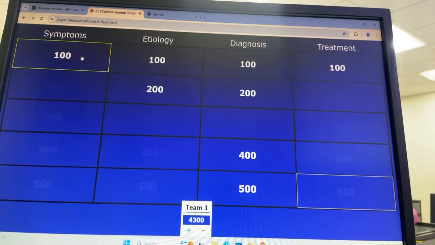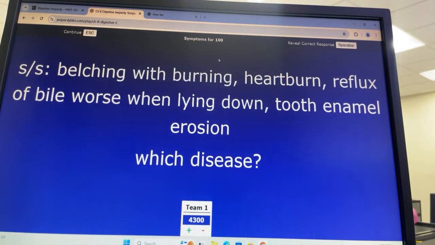Symptoms. All right: belching with burning, heartburn, reflux of bile, worse when lying down, and tooth enamel erosion. It is GERD.